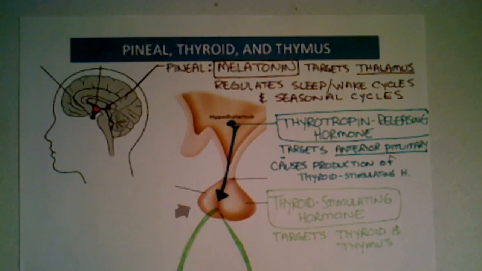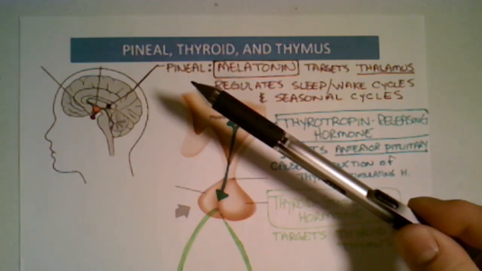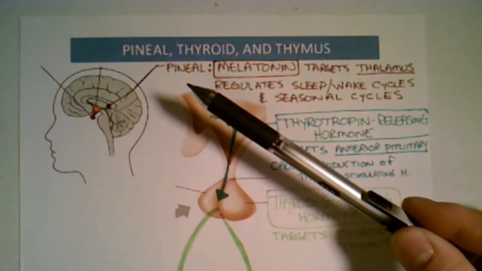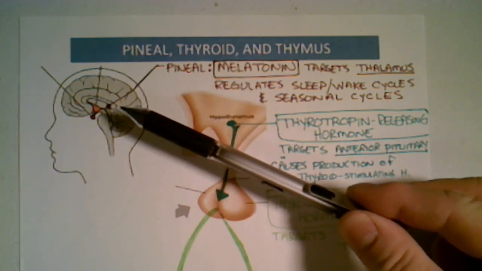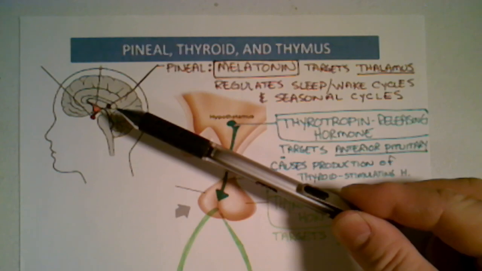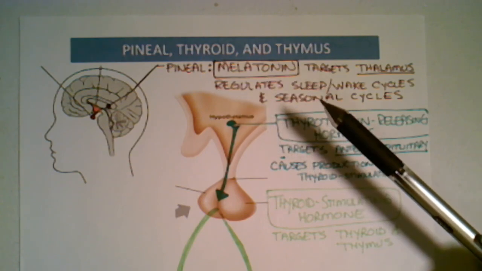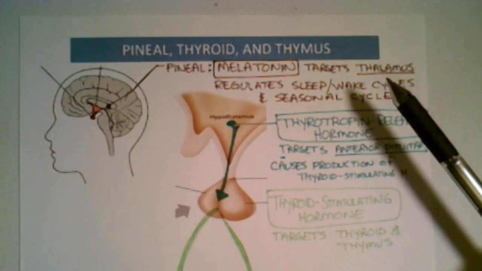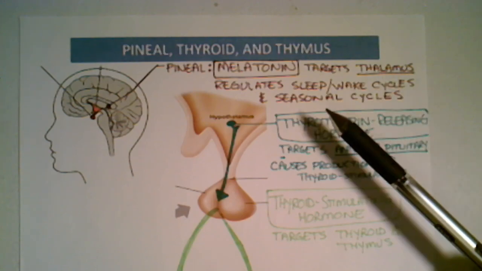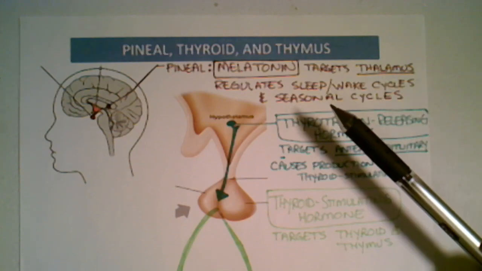All right. So first of all, the pineal gland is pretty straightforward because the pineal gland, remember, is located at the base of our diencephalon, and it produces the hormone melatonin. Melatonin then targets our thalamus of the brain to regulate our sleep and wake cycles.